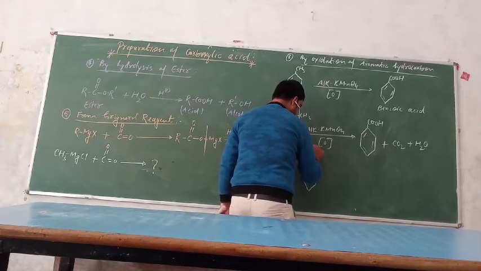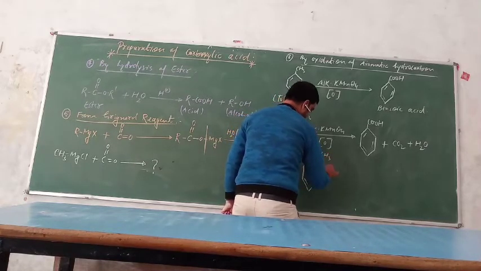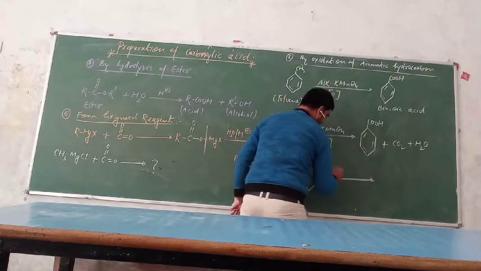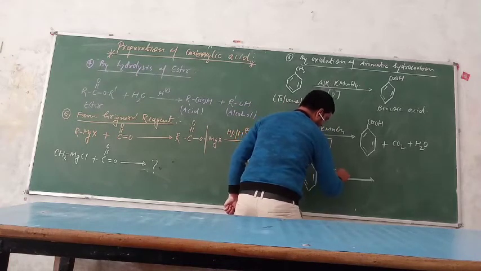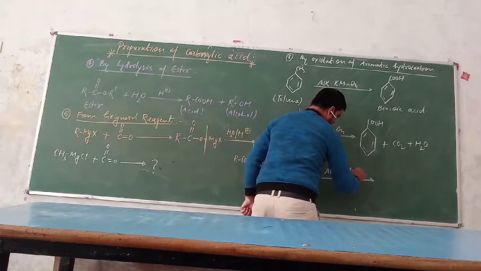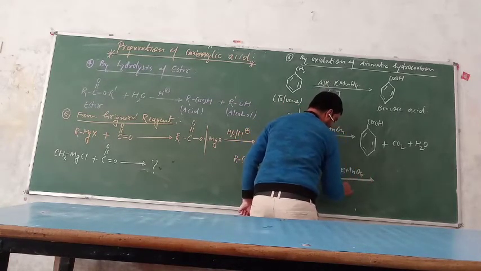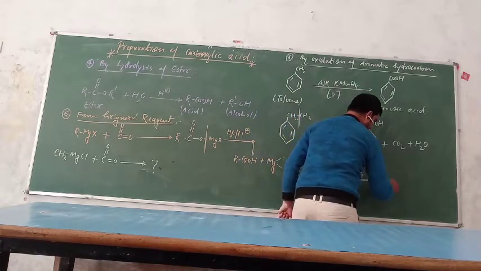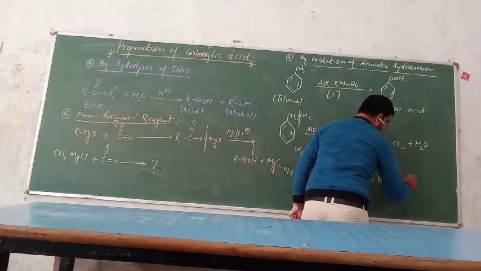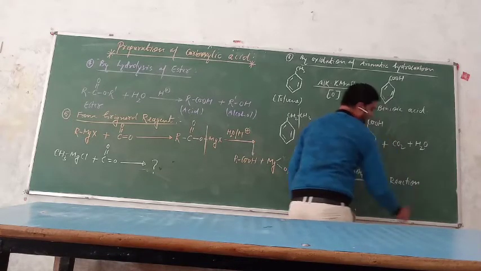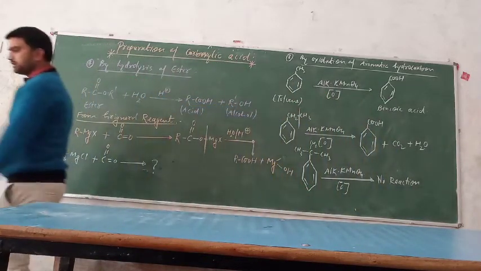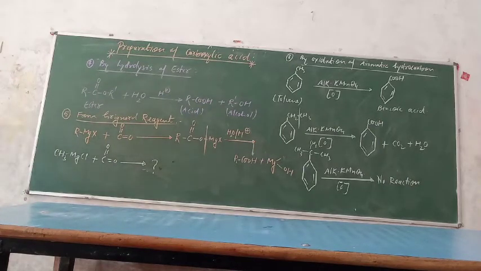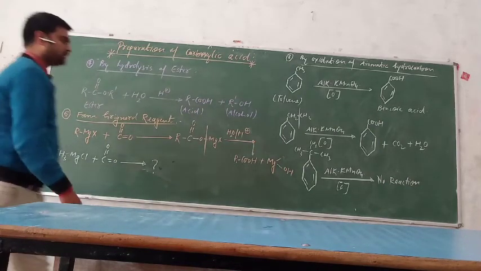Clear? Suppose a reaction is given to you like this: C single bond CH3, single bond CH3, single bond CH3, and the reaction is carried out in the presence of alkaline KMnO4, then no reaction will occur. Clear? Why does no reaction occur here?